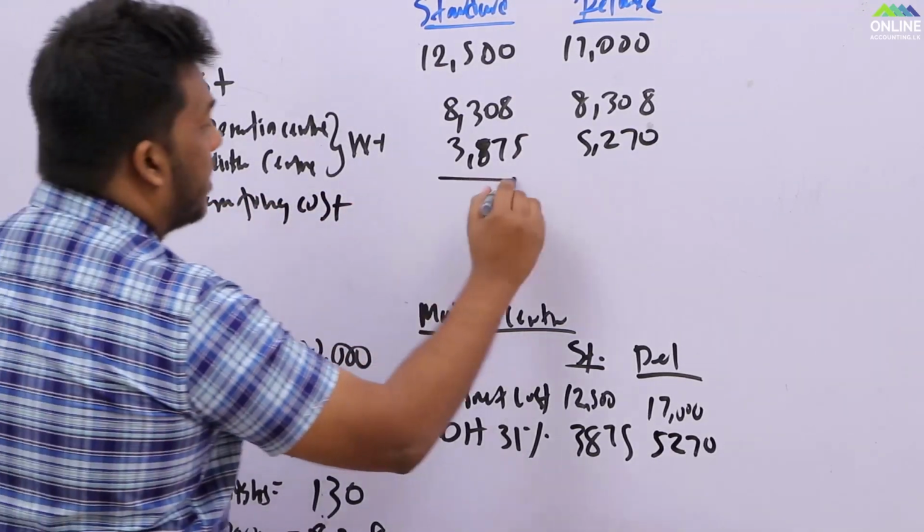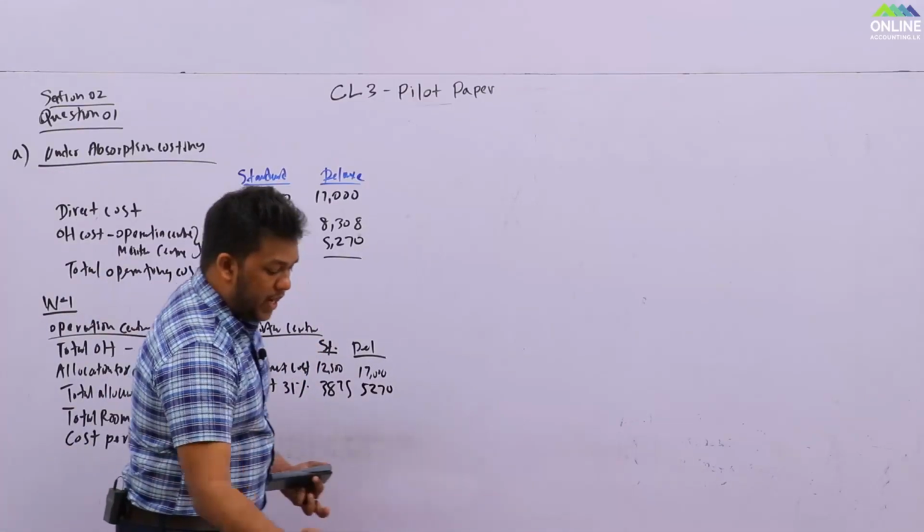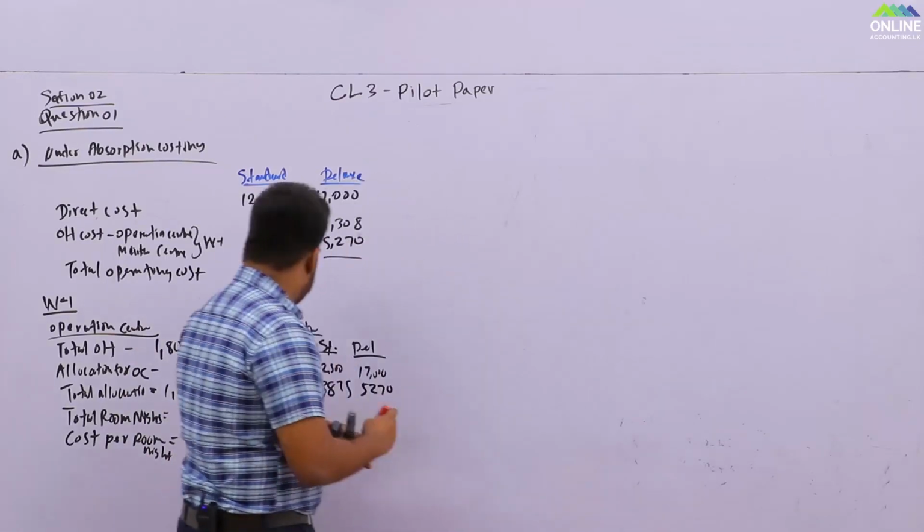So the total operating cost is the total of this.